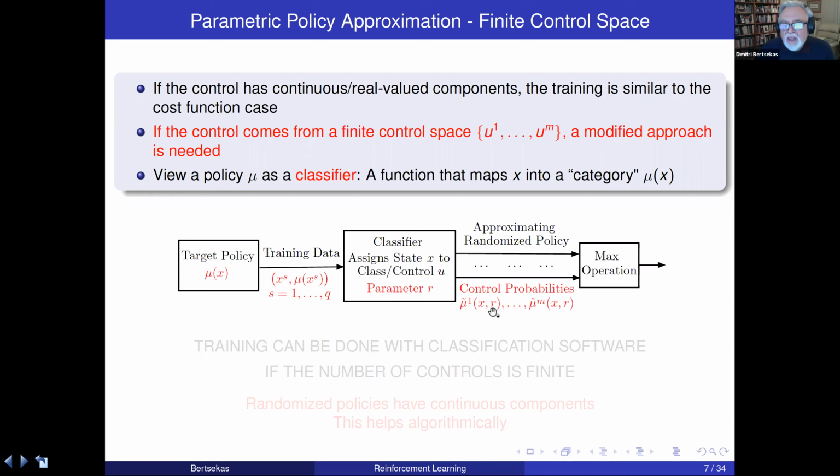So given X and given r, the classifier gives the probability that this object belongs to category 1, and the other probabilities that it belongs to category 2, and so on up to M. In the context of policies, this type of object is what's called a randomized policy, which assigns to a state a probability distribution over controls to apply.